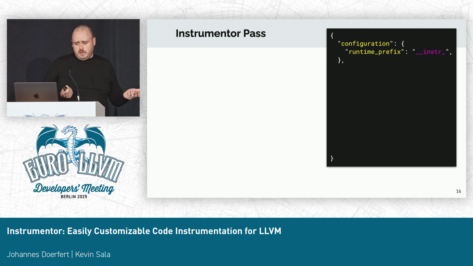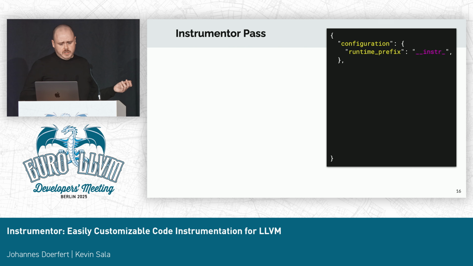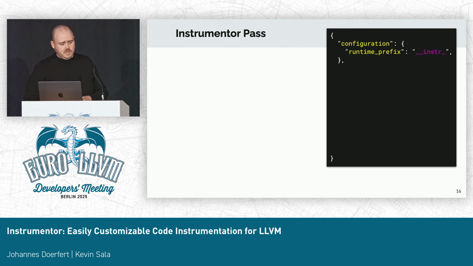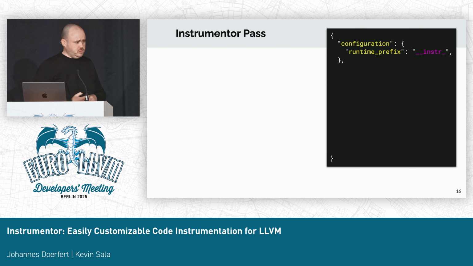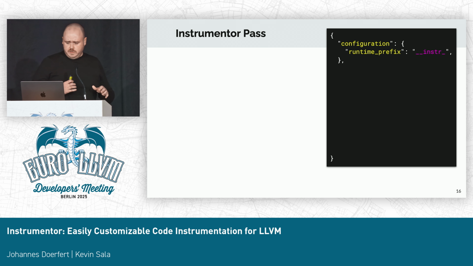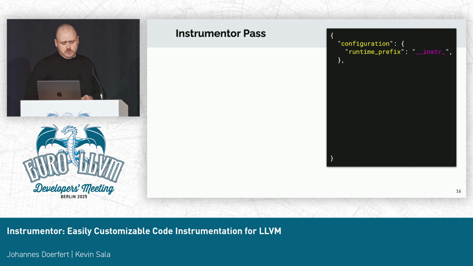It's an LLVM pass, and this Instrumentor pass works based on a JSON file that the user can provide. We have a default JSON file describing all the opportunities that we can instrument, but then you can copy that file and just adapt it to your needs. In this file, you specify what you want to instrument and also how you want to instrument.